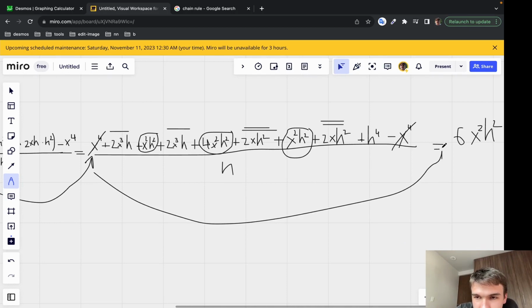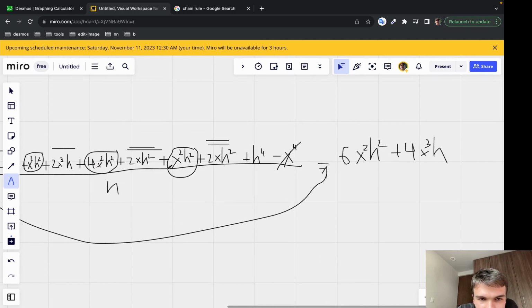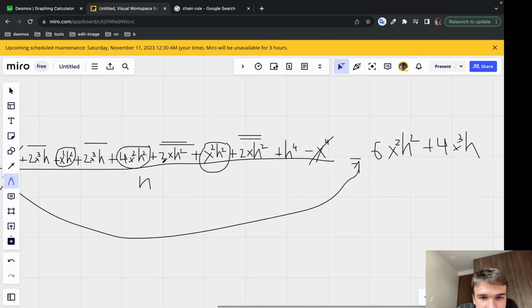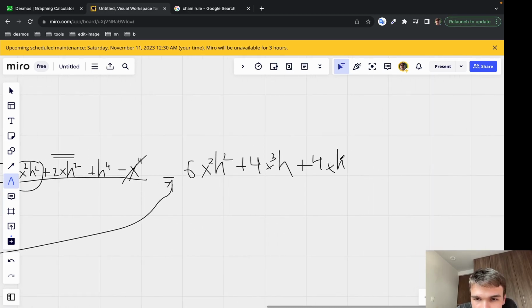This is much easier for me to do, because I don't want to write it every single time. And then lastly, this is going to result in 4x squared. So plus 4x, this is not y, it's x. Okay, h squared, yeah, h squared. And then lastly plus h to the power of 4, and then over h.